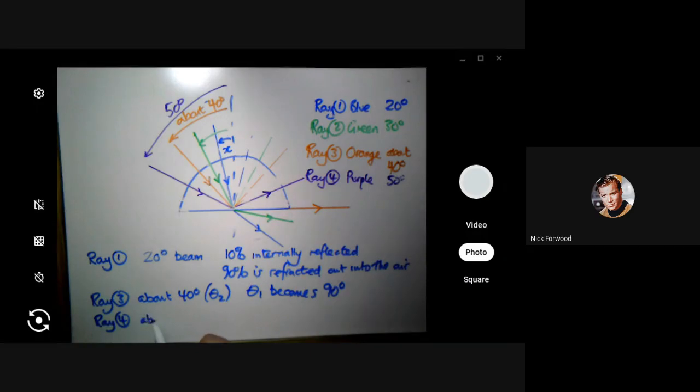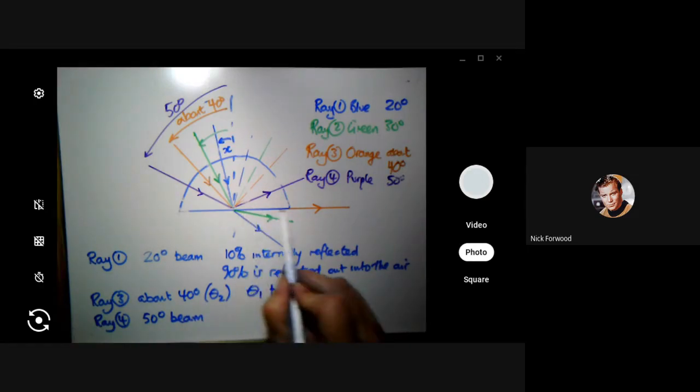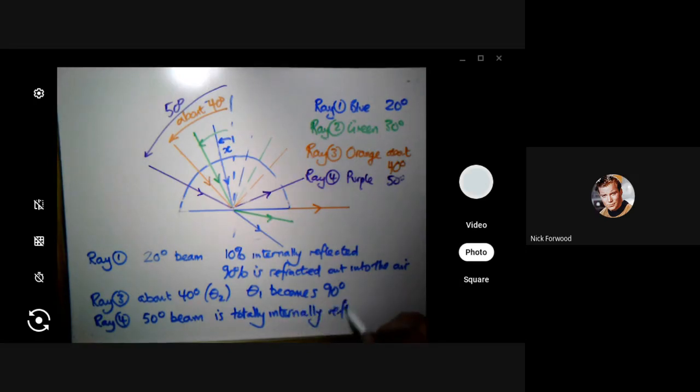Anything above this 40 degree, so the 50 degree beam, which is bigger than 40, 20 is less, 30 is less, 40, something important's going on, comes out along the edge there. 50 is reflected. The 50 degree beam is totally internally reflected.